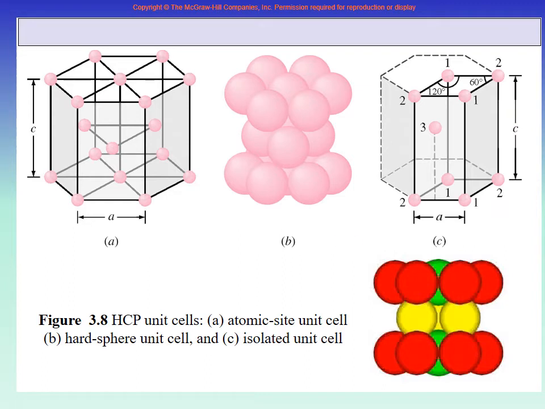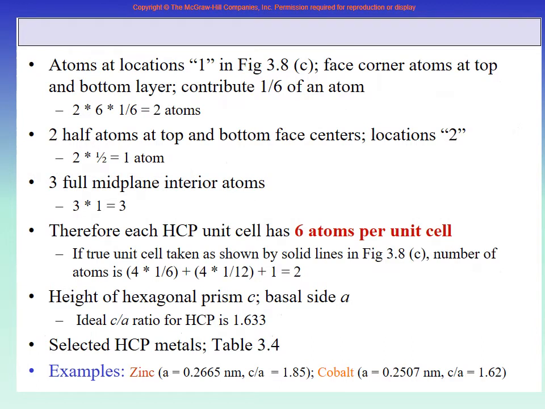So earlier in cubic there was only one length a, but because it is a hexagonal prism, a is the side length, there are 6 equal sides, and the height is c. So rather than trying to find out from here, let us go to the next slide and see how they do the rest of the calculations. So now they are saying that each corner atom in the hexagonal system is 1 by 6.